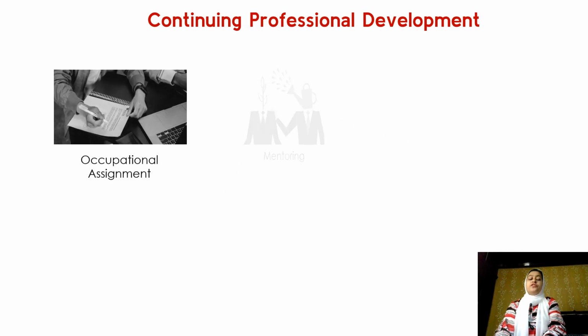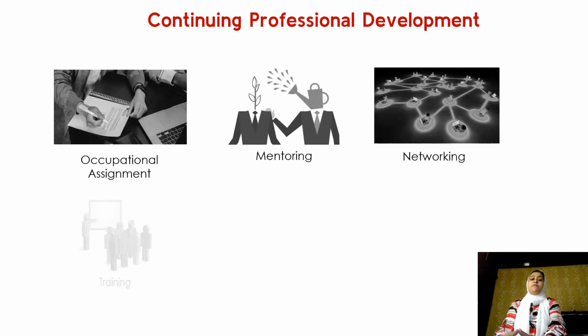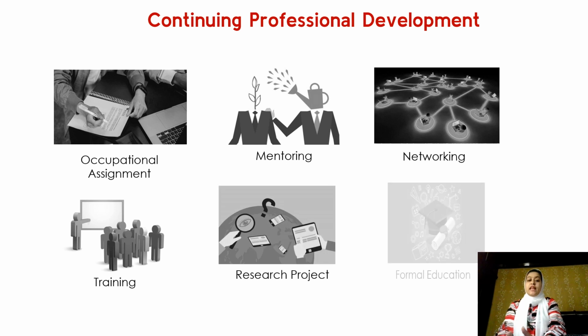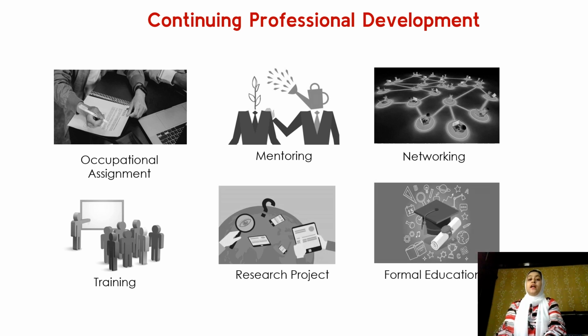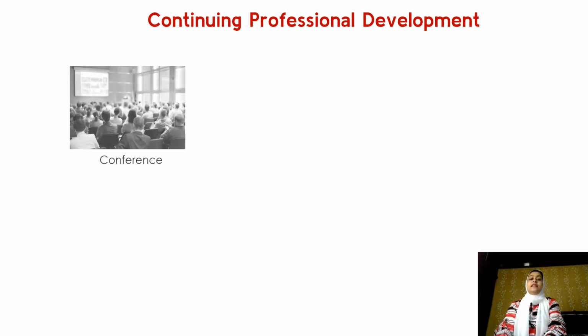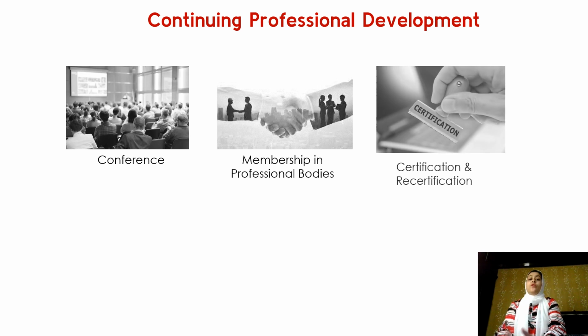Continuing professional development can be achieved through occupational assignments, mentoring someone, networking, attending or giving training, participating in a research program, obtaining formal education, attending conferences or obtaining membership in professional bodies, and the certification and recertification process.